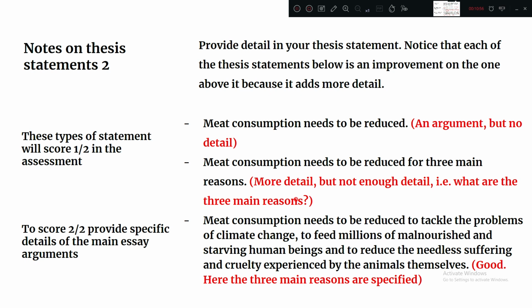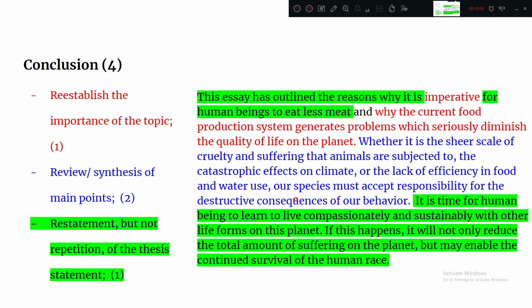So let's move on and look at the conclusion. So really the conclusion doesn't do anything new. There is no new information in the conclusion. So we re-establish the importance of the topic. So this is highlighted in red here. The word imperative means important. We synthesize and review the main points.